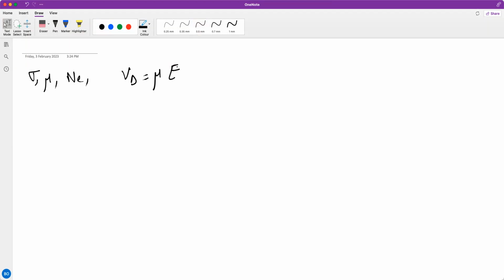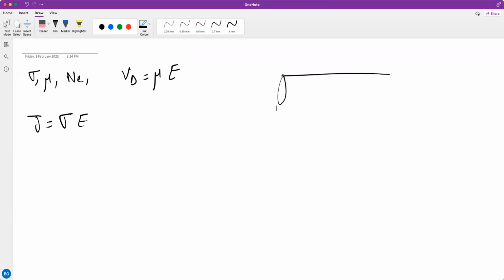And then we also talked about the current density, which is the real Ohm's law: J equals sigma E. The sigma is the conductivity and E is the electric field applied to the material.